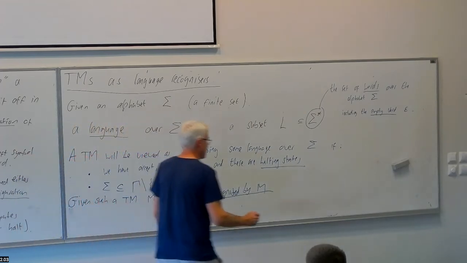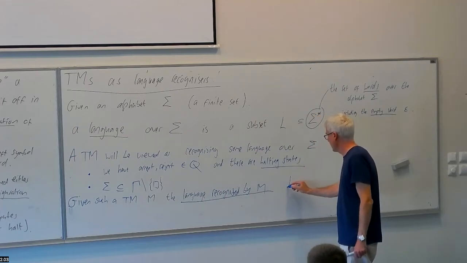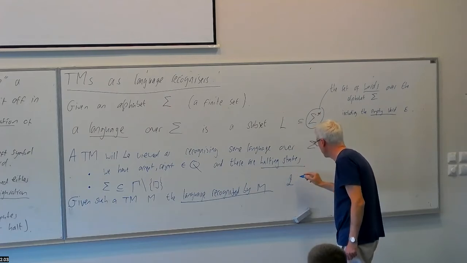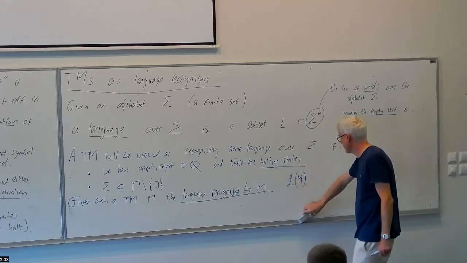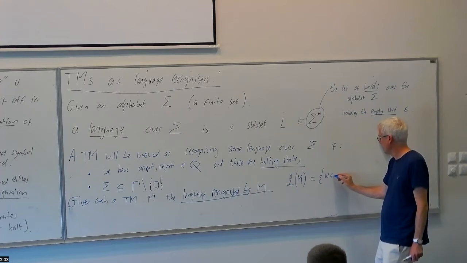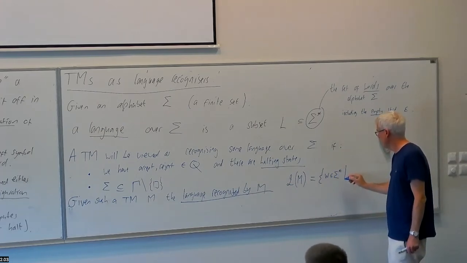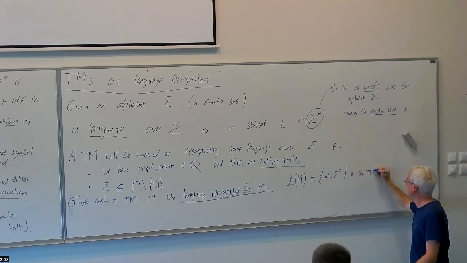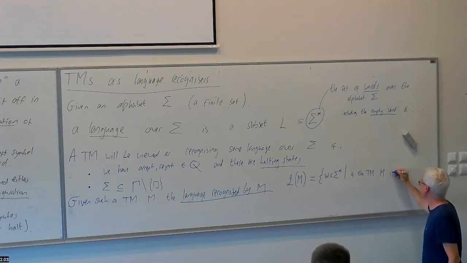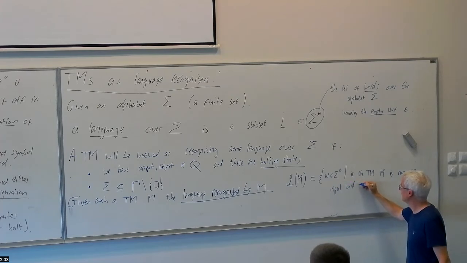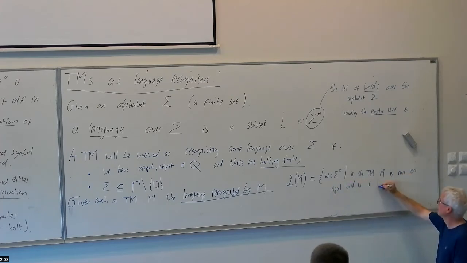Write it as curly L of M, the language recognized by M. This is the set of all words over sigma, that is, all w belonging to sigma star, such that if the Turing machine M is run on input word w, it halts in the accept state.